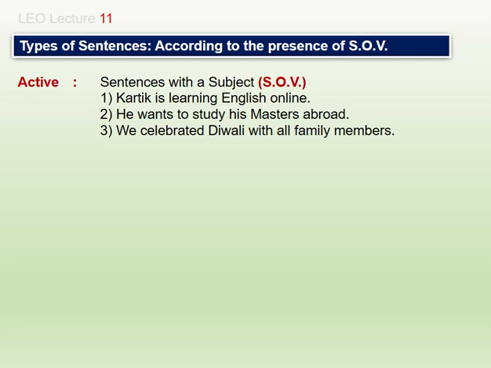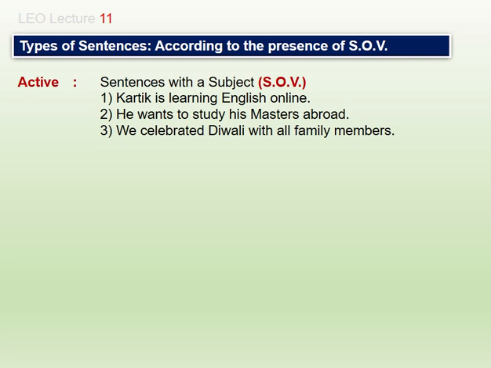That means we should have subject, object and verb in active sentences. Object is optional, but subject and verb must be there in active sentences. We have three examples on your screen.